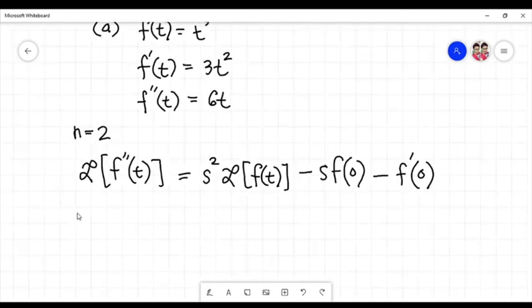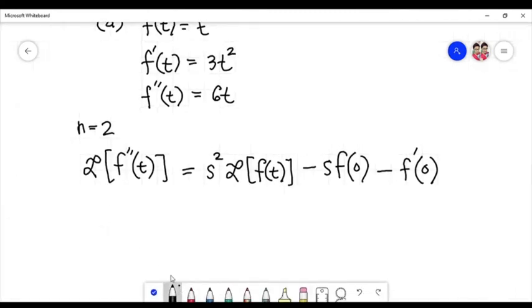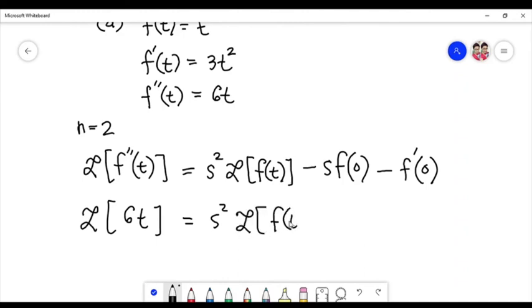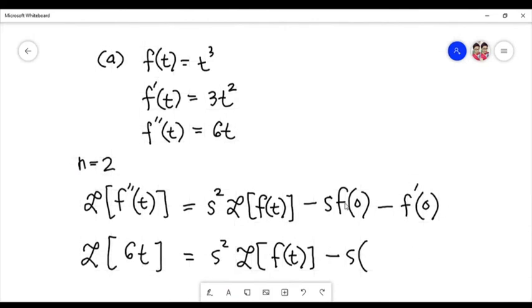So the Laplace transform of the second derivative 6t is equal to s squared Laplace transform of f of t minus s f of 0. So we have to evaluate the value of f of 0 and f prime of 0.